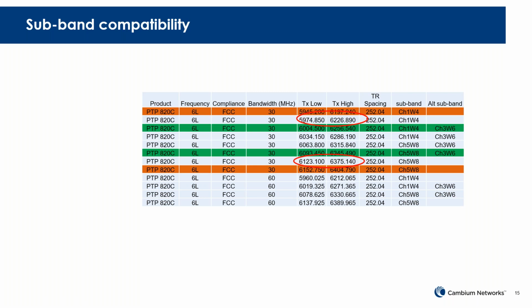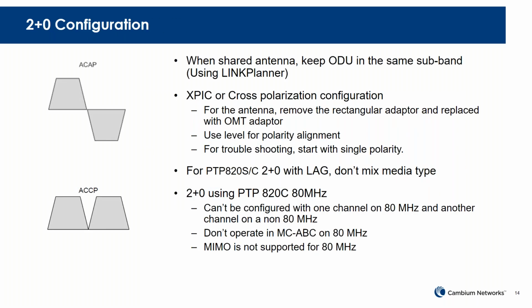Okay, it's very important. Some customers buy the radio, put it on the tower, and get a lot of interference and do not know what's going on. One reason could be self interference caused by improper design because it did not follow this rule. So make sure that the ODUs are operating in the same subband.